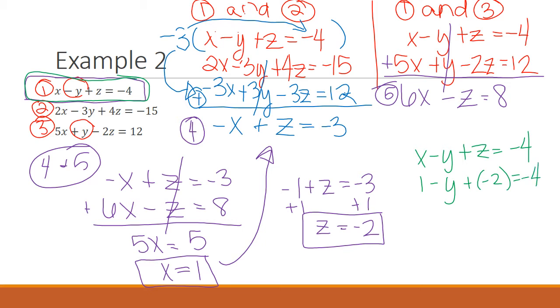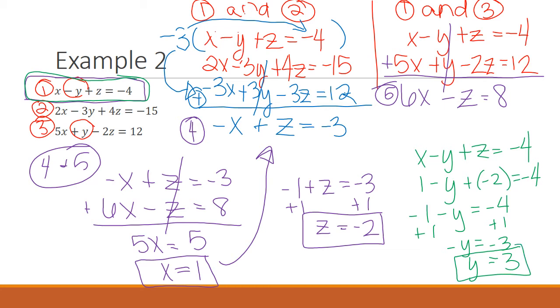So 1 minus 2 is going to give me negative 1 minus y equals negative 4. Add 1, minus y equals minus 3. So y equals 3. And that's my third piece.